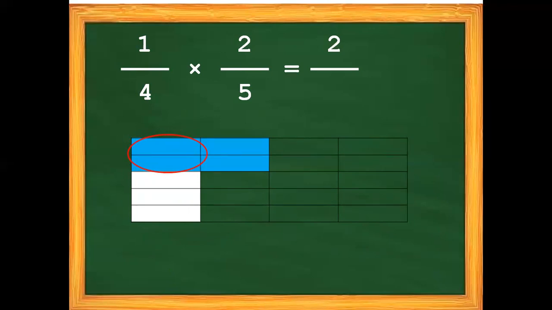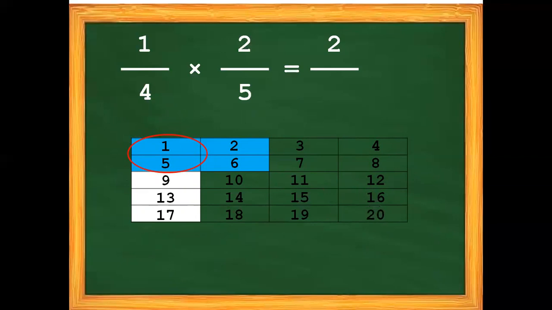Now, let's count the small rectangles that we have here in our illustration. So we have 1, 2, 3, 4, 5, 6, 7, 8, 9, 10, 11, 12, 13, 14, 15, 16, 17, 18, 19, 20.